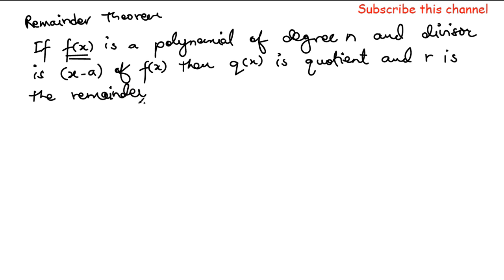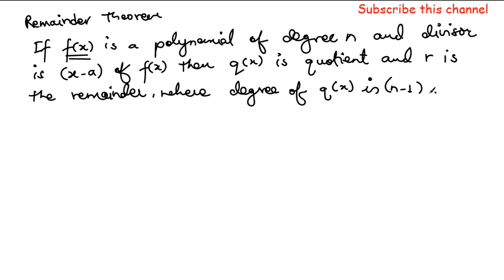R is the remainder, where degree of quotient q(x) is less than the degree of this polynomial, n minus 1.